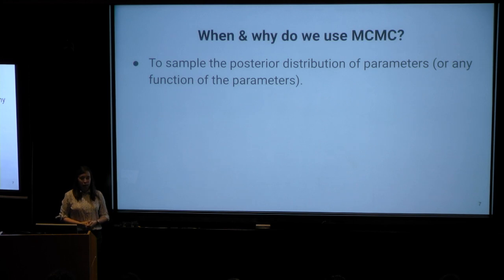We talked a bit yesterday about the basic principles of Bayesian statistics and the posterior distribution being sort of the expectation values of a given parameter. MCMC is a good way of sampling the posterior, generating a bunch of samples of whatever parameter or function of a parameter you're interested in that is naturally properly weighted by the data.